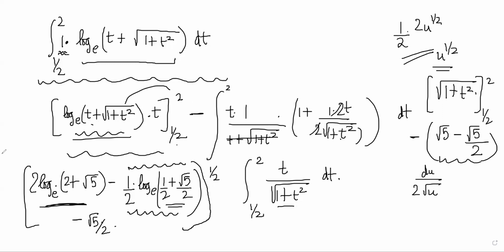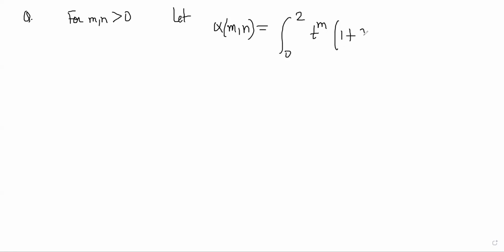Yeah. Okay. The next one is this one. For m and n greater than 0, let alpha of m and n be equal to the integral from 0 to 2 of t power m times 1 plus 3t whole power n dt.